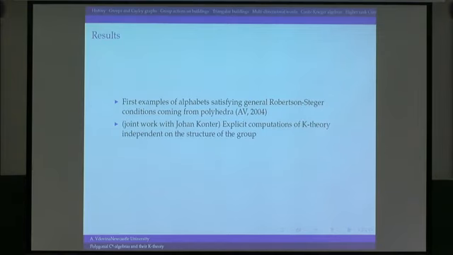Okay, so then just briefly mention what I was doing. As I mentioned, I realized that there are a lot of examples of these algebras which don't come from those standard examples which Robertson and Steger constructed. But then the question is, what to do with them?